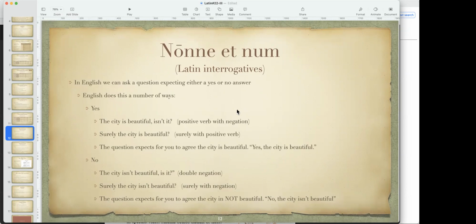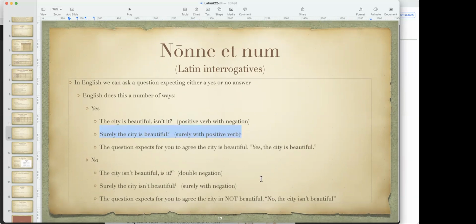But anyway, you can say, the city is beautiful, isn't it? So you have a positive verb with a negation, which generally means, hey, isn't this city beautiful? In English, we'd say, is it not? Or we might say, surely the city is beautiful. In any case, the question expects you to agree and say, yes, the city is beautiful.